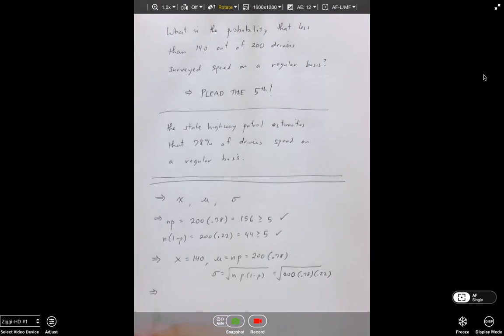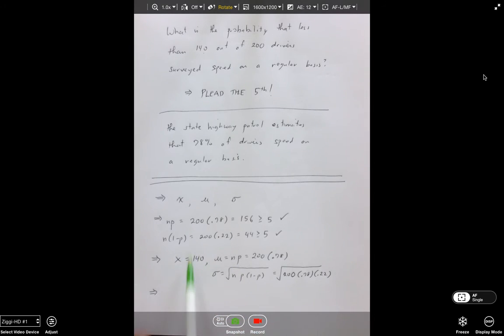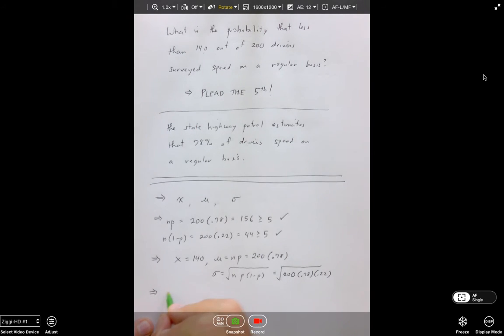What's our next step? Our next step is our continuity correction. That's subtract 0.5 and add 0.5 to our x. Well, guys, our x in this situation is 140. So subtract 0.5, add 0.5.